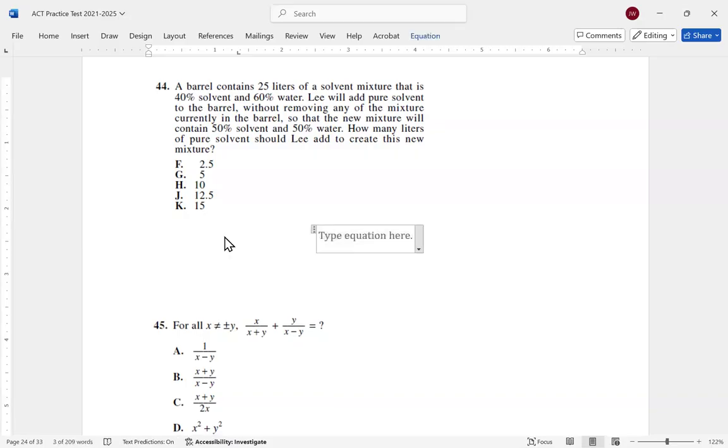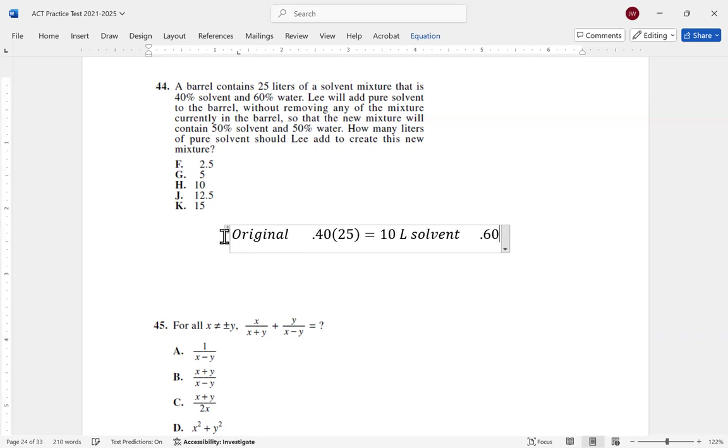Now, let's talk about the original mixture. In the original, of that 25 liters, 40% of that 25 is going to be solvent. 40% of 25 is 10 liters of pure solvent.